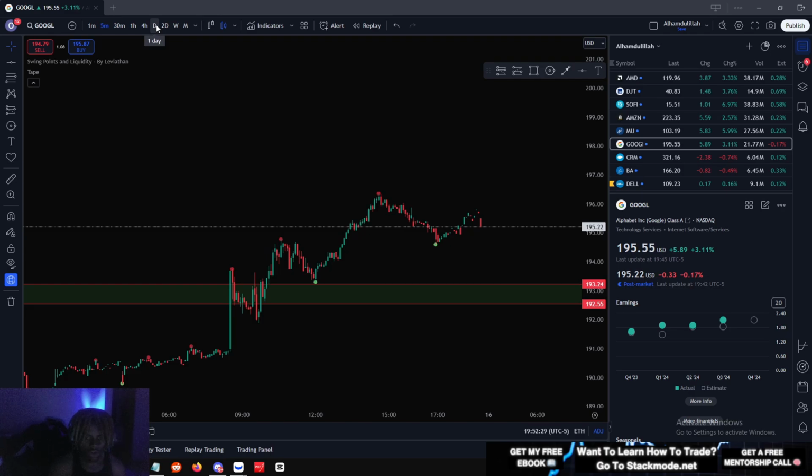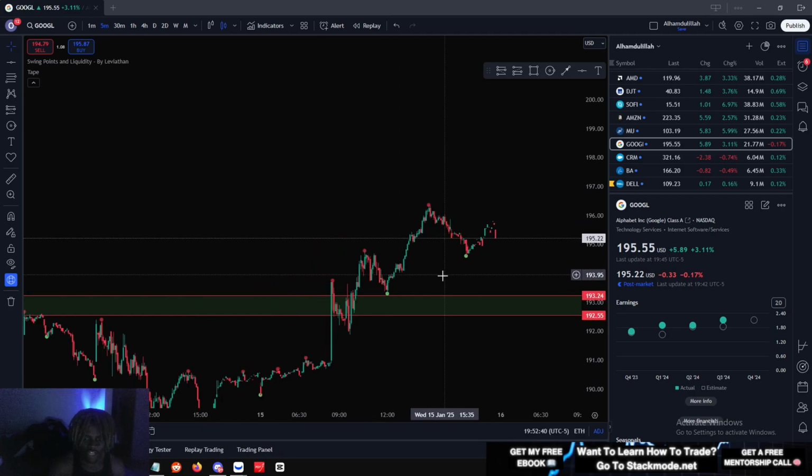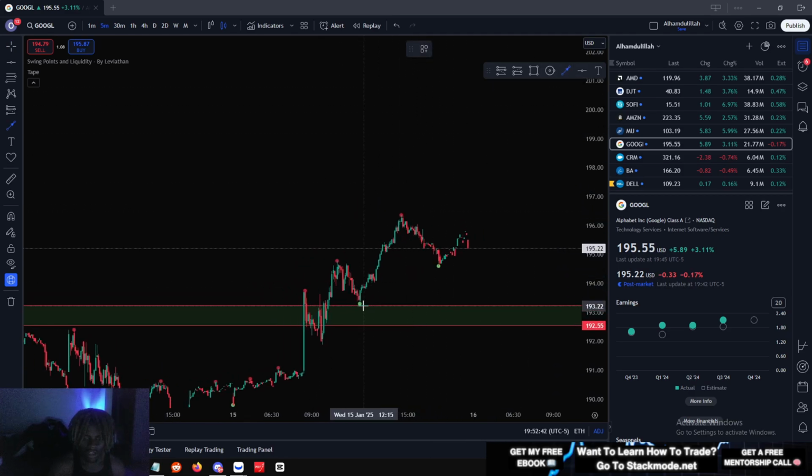So now all we have to do is wait for price to come here again. And as we can see, if price comes here again, right, and bounces, all we have to do is make our entry right here. Our entry would be here. And we would just get out right here.